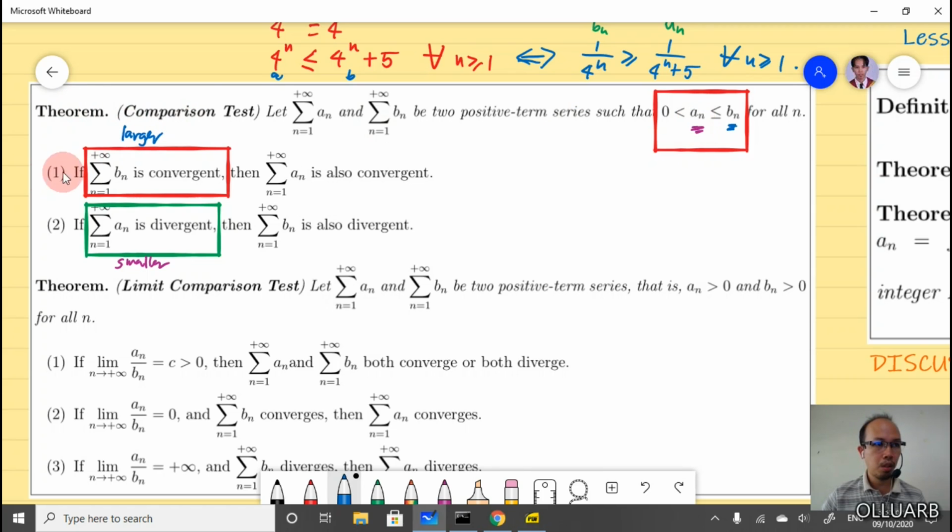That's theorem 1 of the comparison test. For theorem 2 in the comparison test, it says that if the smaller series is divergent, then the bigger series is also divergent. That's basically what theorem 2 of the comparison test says.